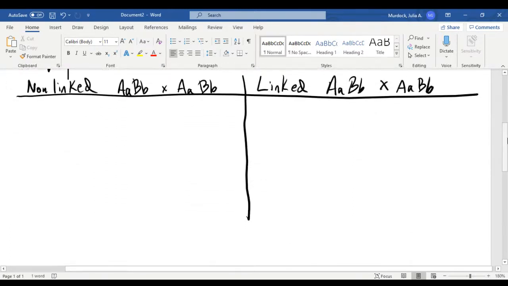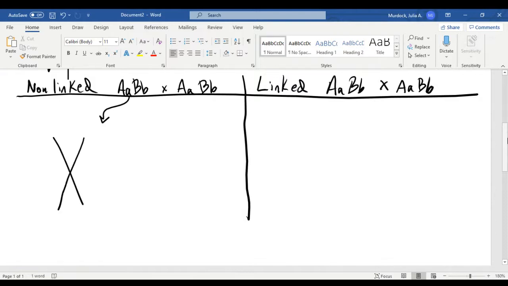Okay. So let's just take a single organism that's making gametes and has chromosomes. If they are not linked, then let's make two homologous pairs here.